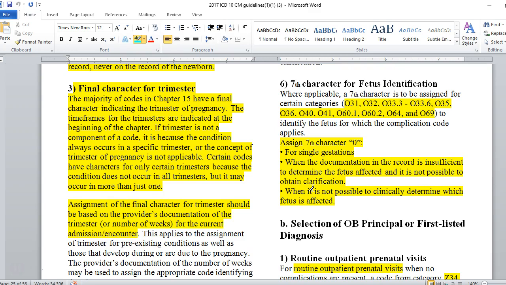When someone has multiples and something is wrong, but we don't know which baby's being affected, that's when we're also going to use the seventh character of 0. So let's just keep that in mind. This is, again, when we can't further determine, this is what we come back to and say, okay, how do we assign our codes?